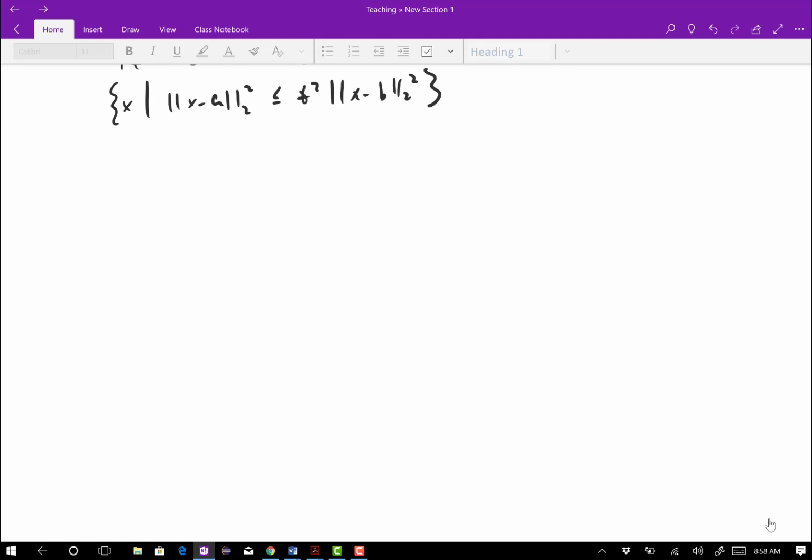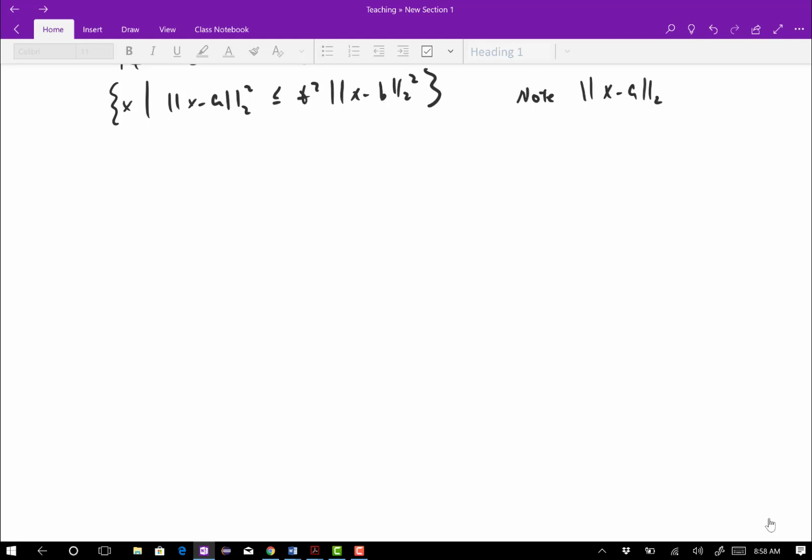So first of all, we can take these 2 norms and multiply them out. So note that the 2 norm of x minus a is equal to, so if you think about what this would look like, let's just say there were 2 elements in each of these.